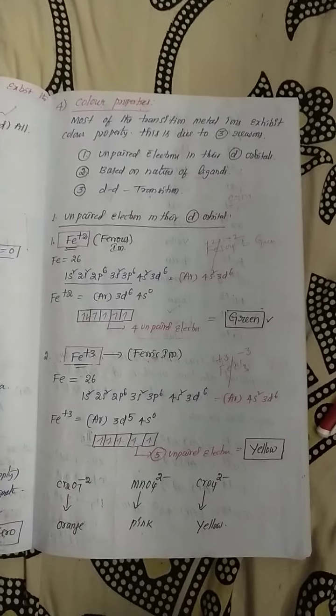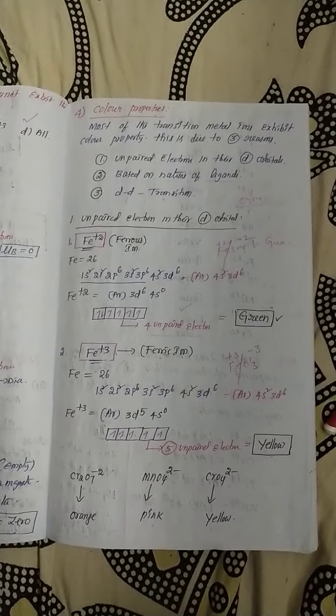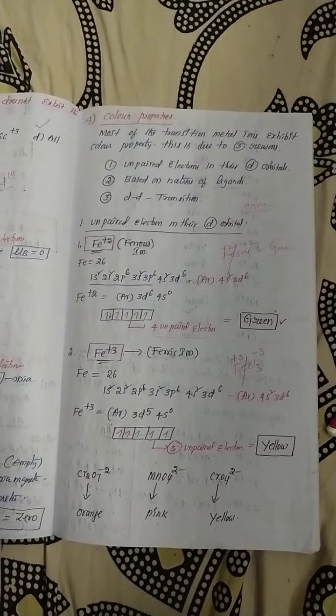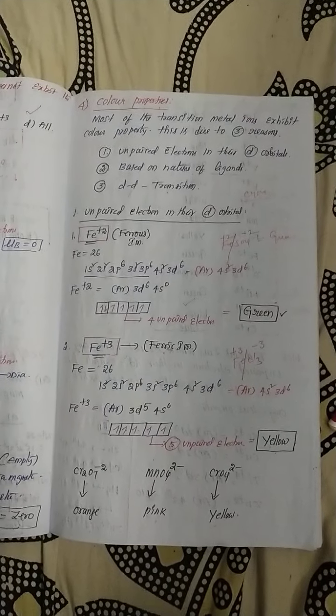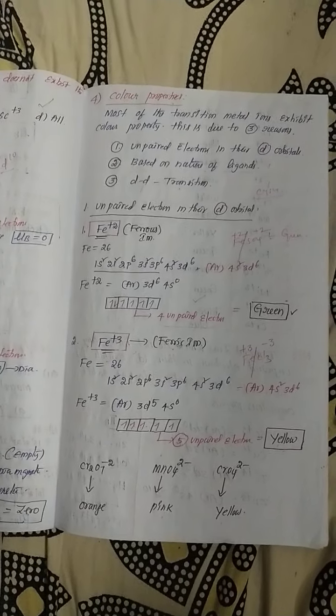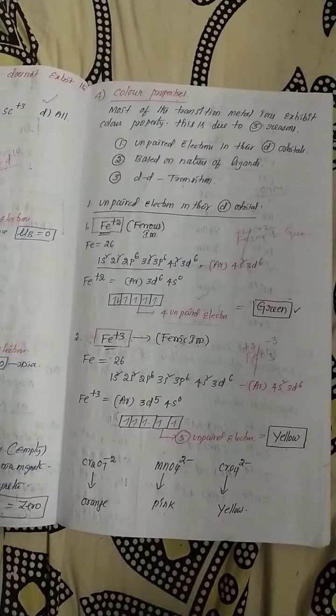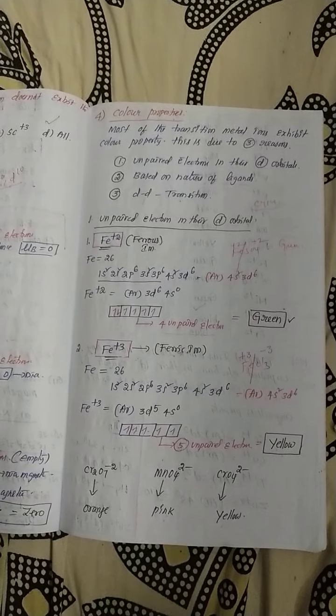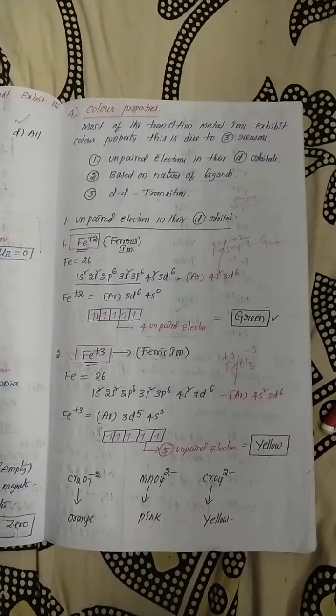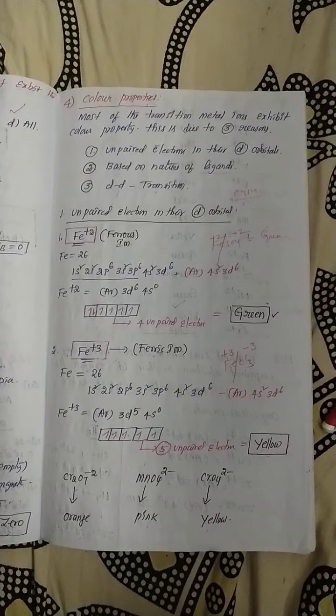Same answer, unpaired electrons are present in the d orbital. For example, why do d block elements show variable oxidation state? Reason, unpaired electrons present in the d orbital. Why do d block elements show color property? Reason, d orbitals have unpaired electrons. So this is a common statement for all properties.